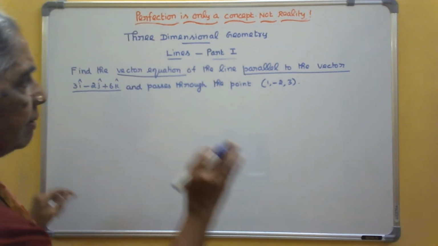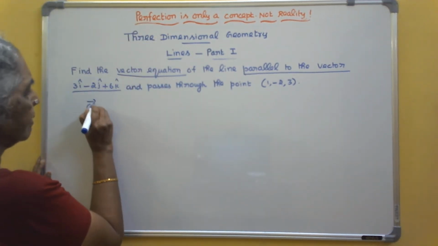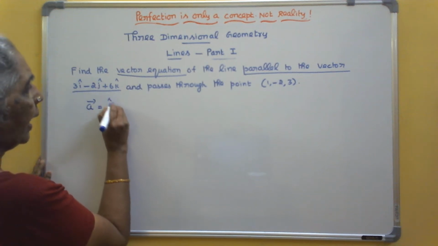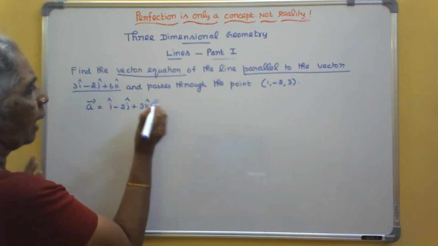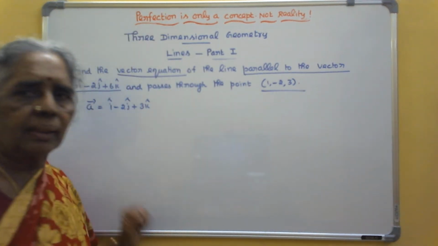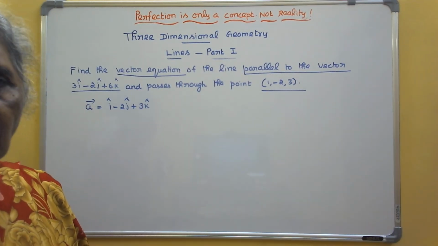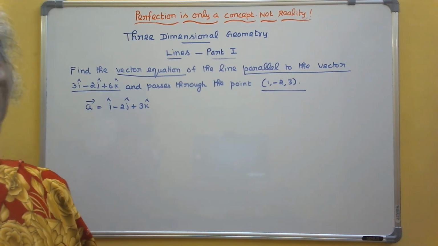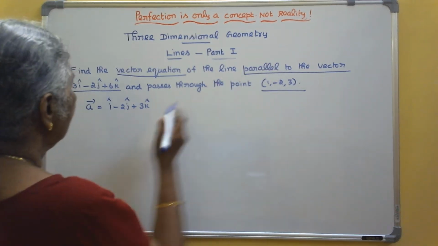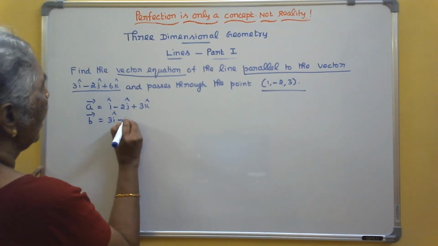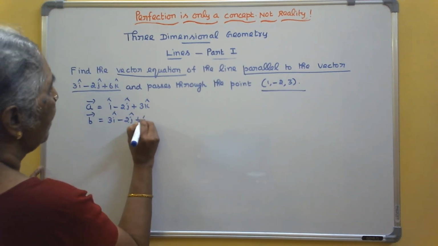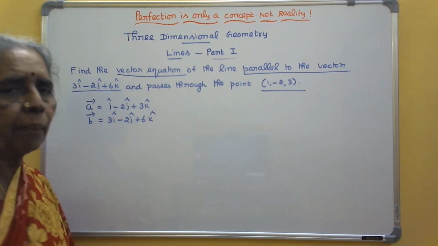So now let us write A vector is equal to i cap minus 2j cap plus 3k cap. That is, this point we are expressing in vector form. Okay. Then parallel to the vector, that means B vector is 3i cap minus 2j cap plus 6k cap.